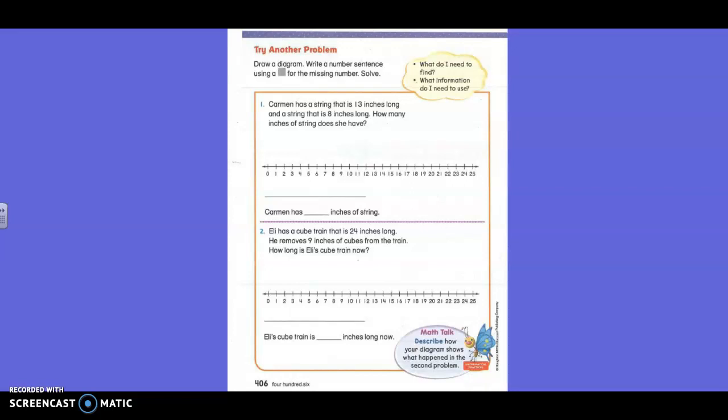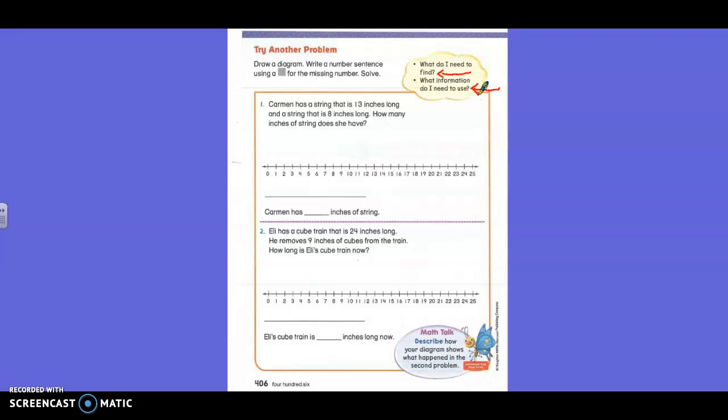Okay, and you're going to have to ask yourself, what are we trying to find? What information are we going to use? Okay, let's read the story on number 1. Carmen has a string that is 13 inches long and a string that is 8 inches long. How many inches of string does she have?